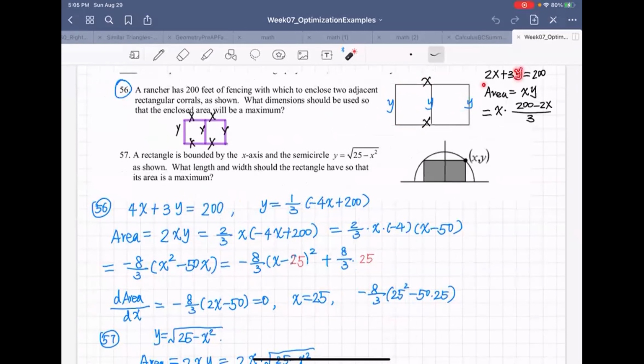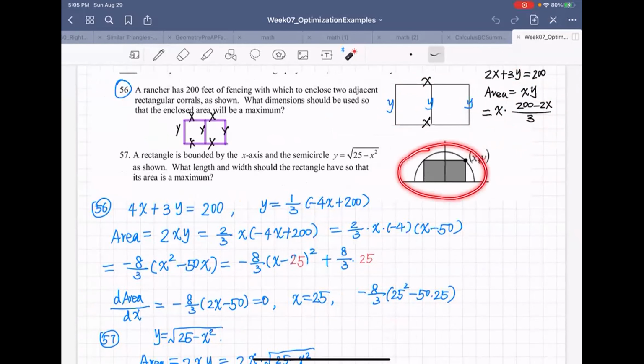From this equation, you solve y equals 200 minus 2x divided by 3. And then you do x times this whole package. Well, this is a quadratic function. Using a quadratic function, you can do completing the square to find your maximum, no problem.